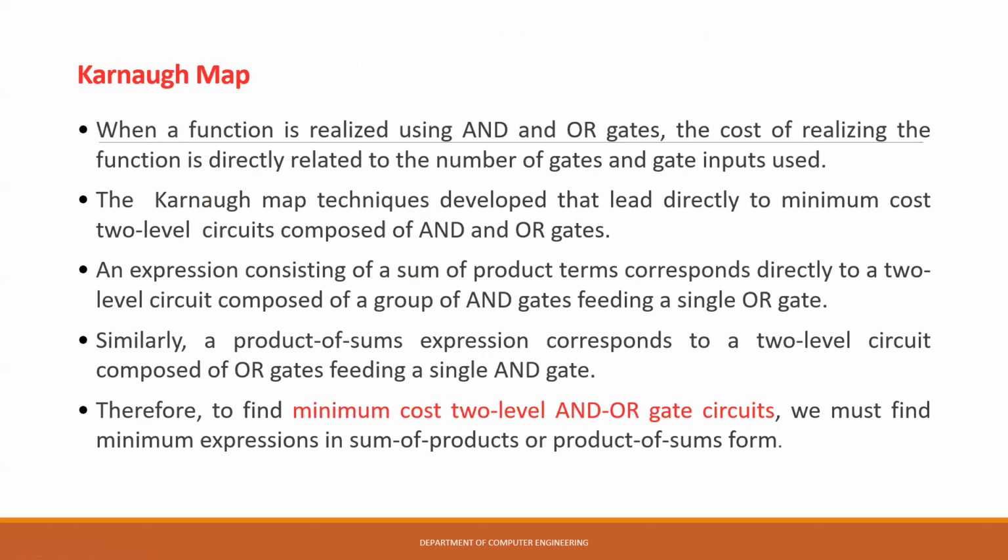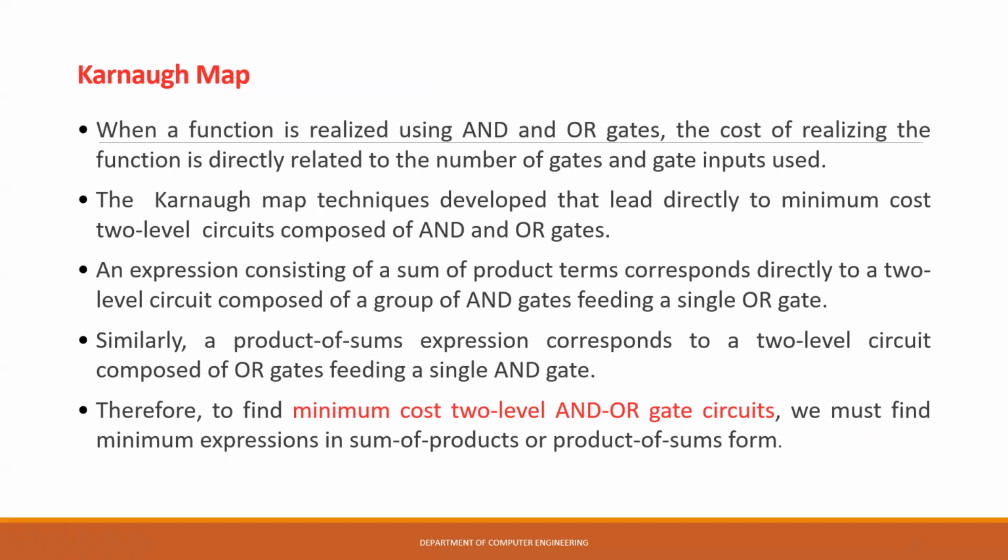Here, the K-map is used for a function which is realized by using basic logic gates such as AND gates and OR gates. The cost of realizing the function is directly related to the number of logic gates and gate inputs which are used.